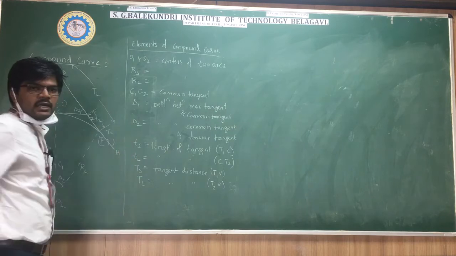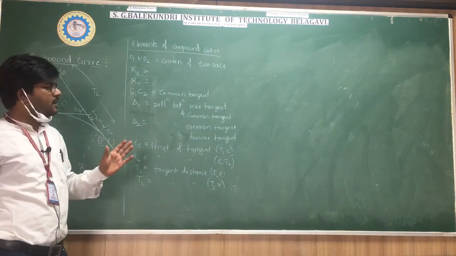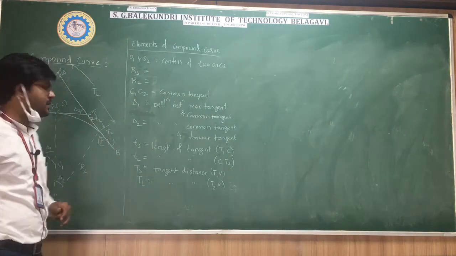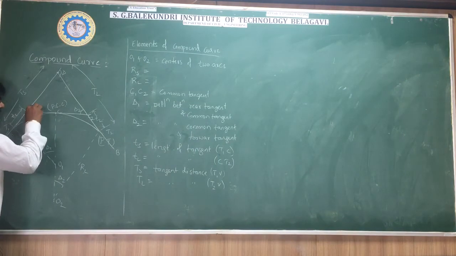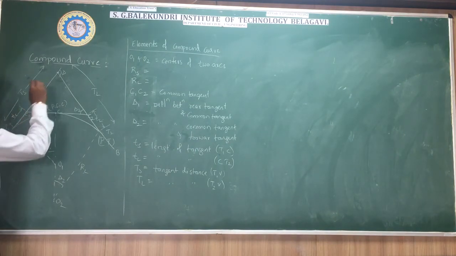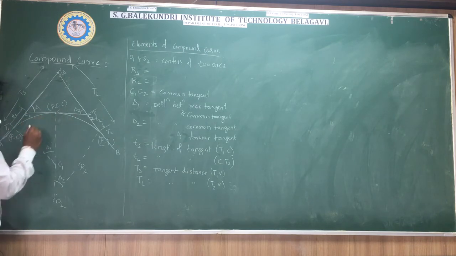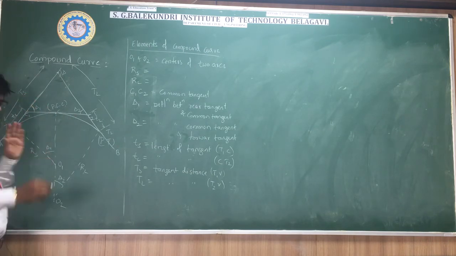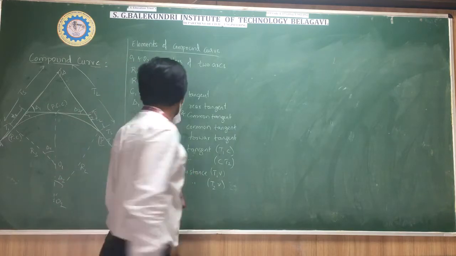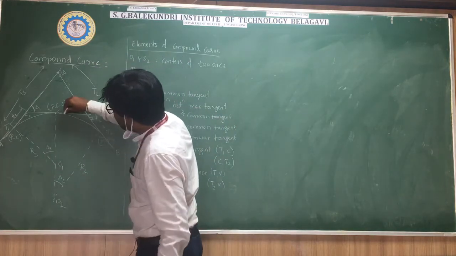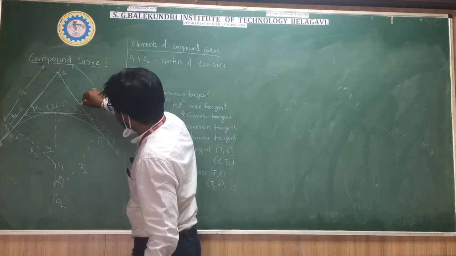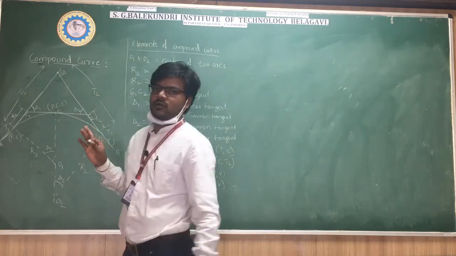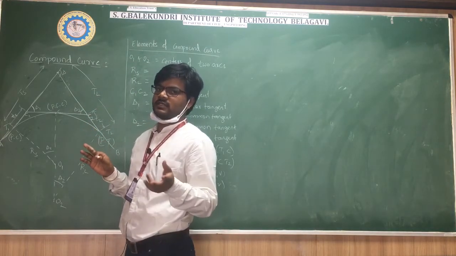Delta 1 is the deflection angle between the rear tangent and the common tangent. The angle between the rear tangent and common tangent is delta 1, and the angle between the common tangent and forward tangent is delta 2. These are the two deflection angles.